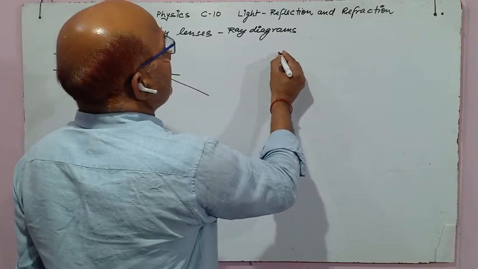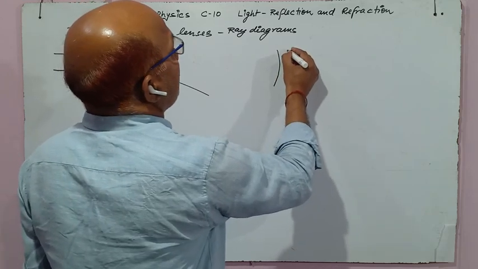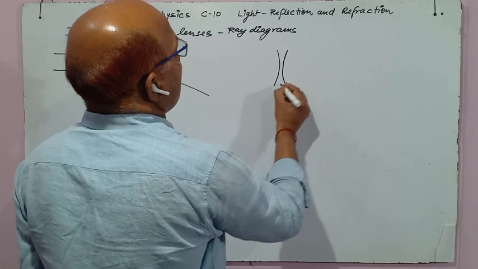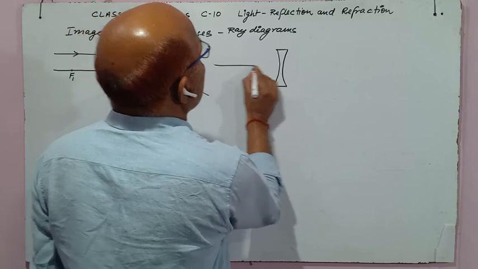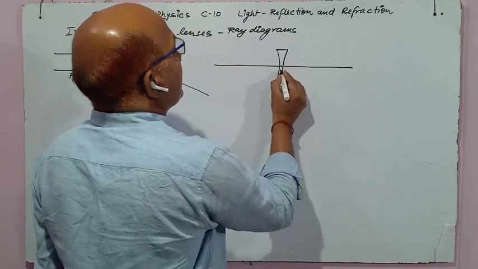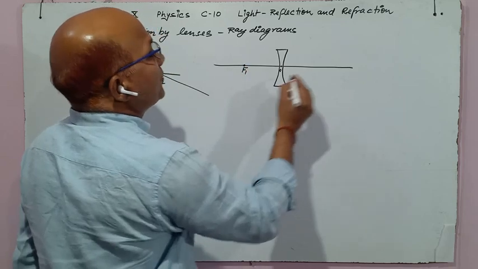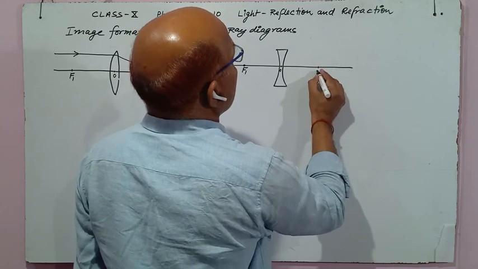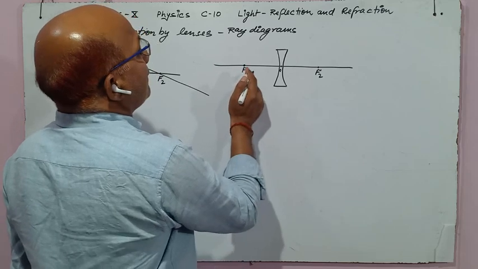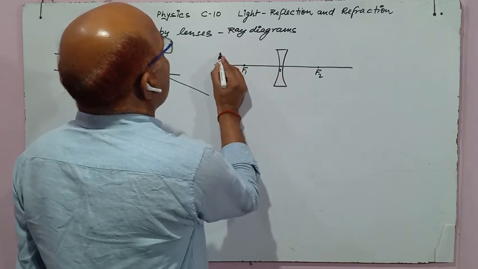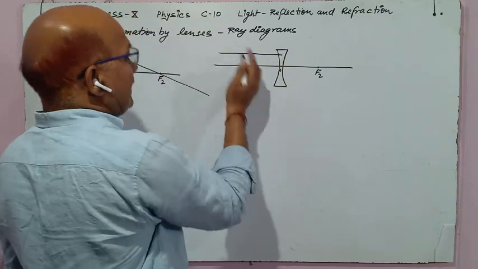In case of concave lens, this is concave lens, it is principal axis, it is principal focus, this is also principal focus, it is ray of light parallel to the principal axis.